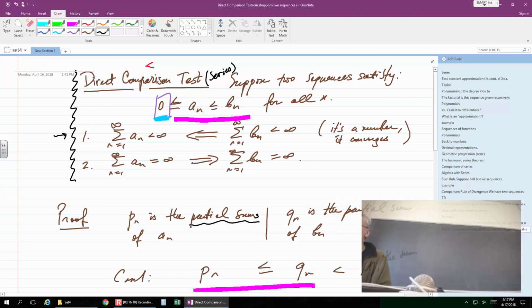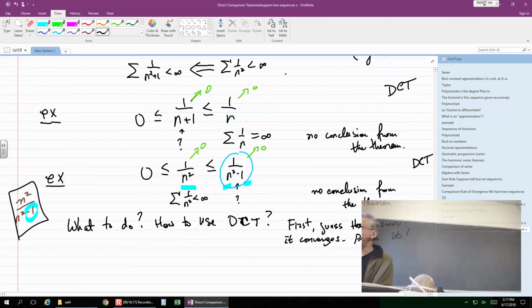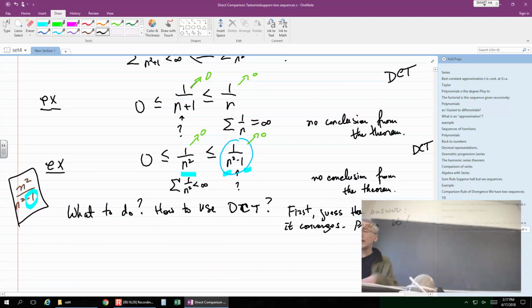I want to prove that it's convergent, so I have to show that it's smaller than another convergent series. Okay, so the inequality we looked at originally is of no use to us. So we have to look at 1 over n squared minus 1 less than or equal to something. This is the new inequality that we want to use for the direct comparison test.